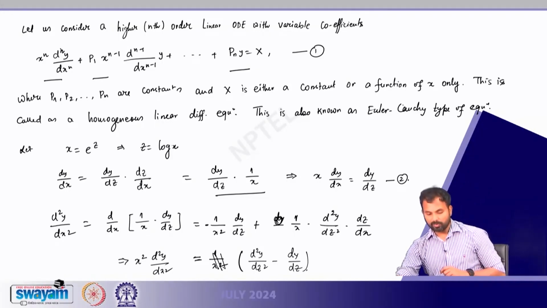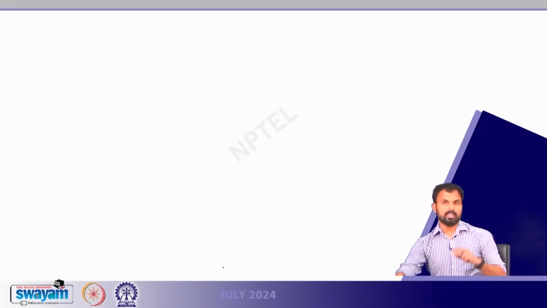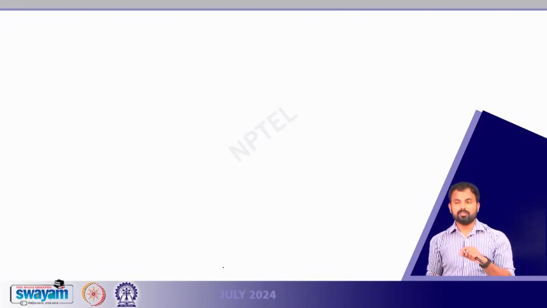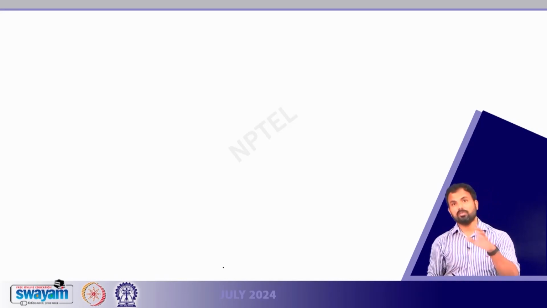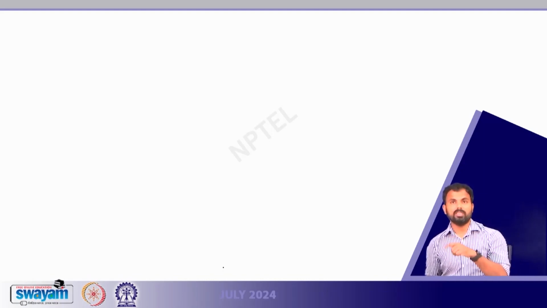So that means if I keep on going, then I will get all these nth order derivatives with respect to x in terms of derivatives with respect to z, and then you put all these terms back into the first ODE with this x to the power n d^n y by dx^n.